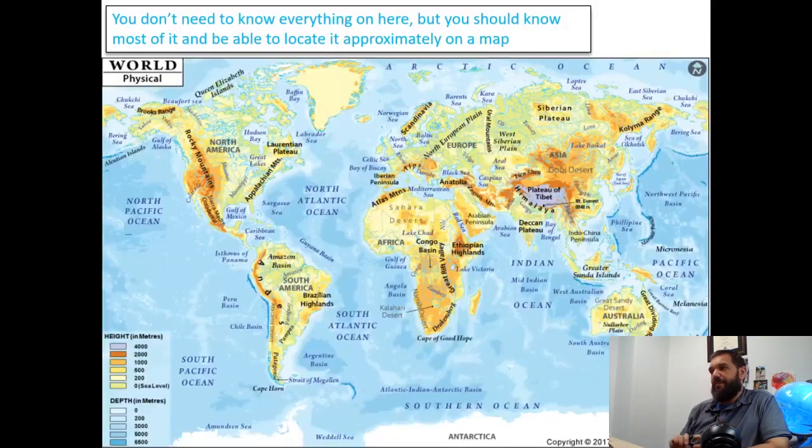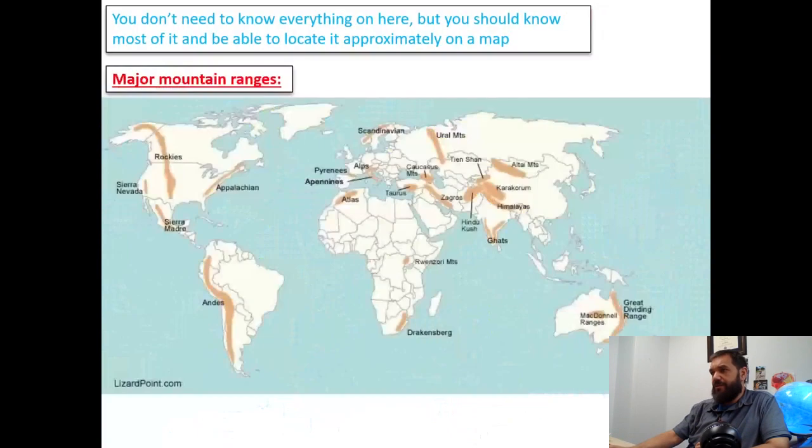Also, some of the big mountain ranges, right? You should know some of the important mountain ranges on Earth. Right, the Andes Mountains here in South America. Okay, the Rocky Mountains most people know about here in North America. You might know the Appalachians, which are on the eastern side there.